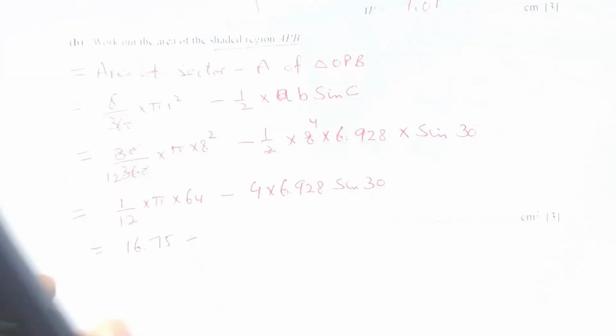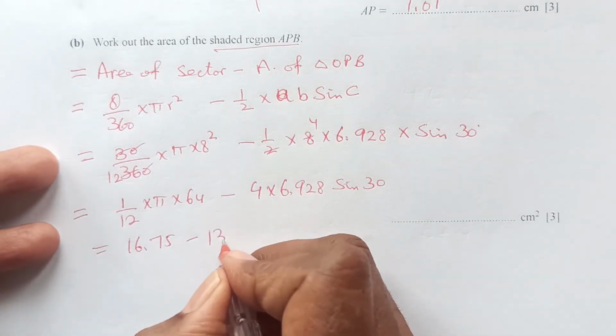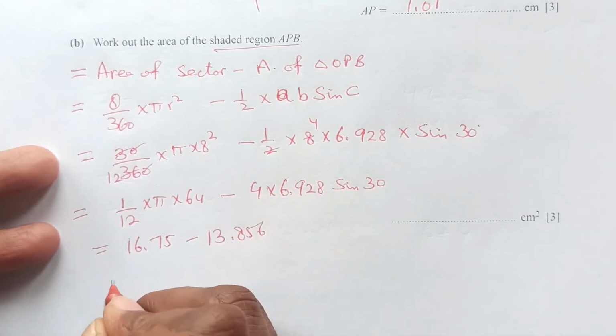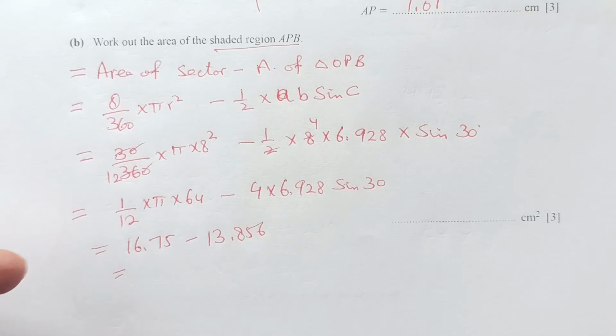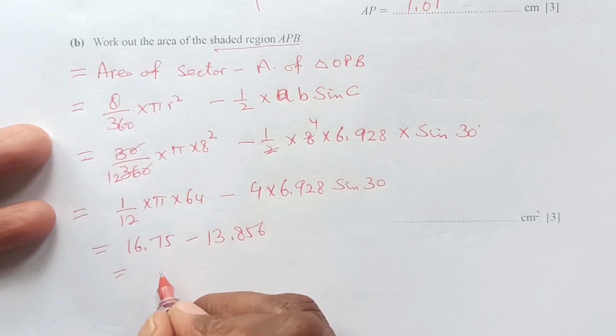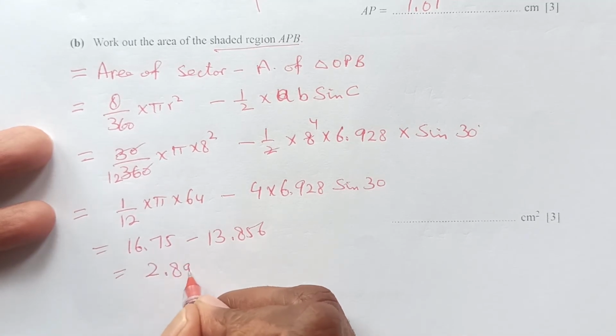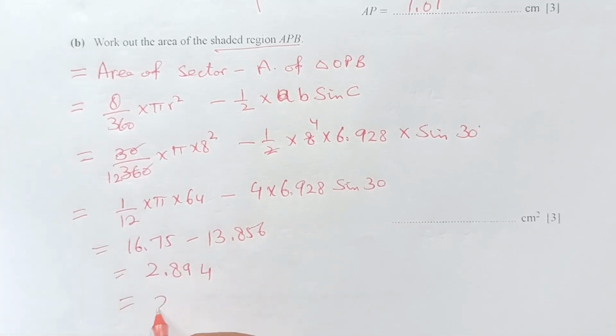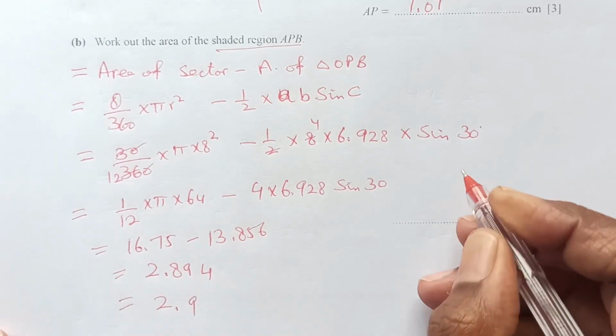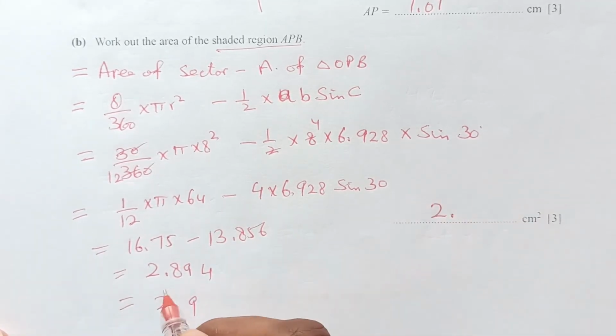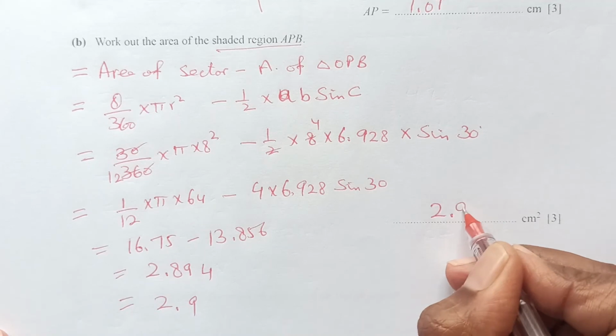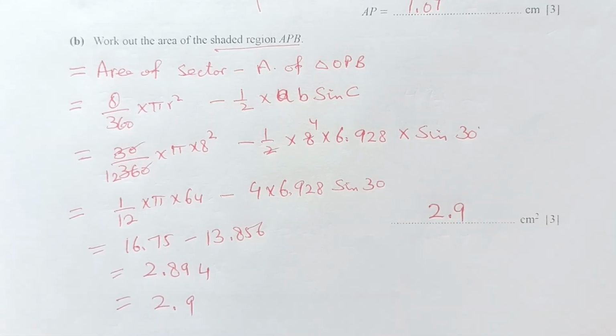This is 13.85. Okay, when you subtract this, yeah, this is coming 2.894. So we can write it down as 2.9. So 2.9 will be the answer for this one.